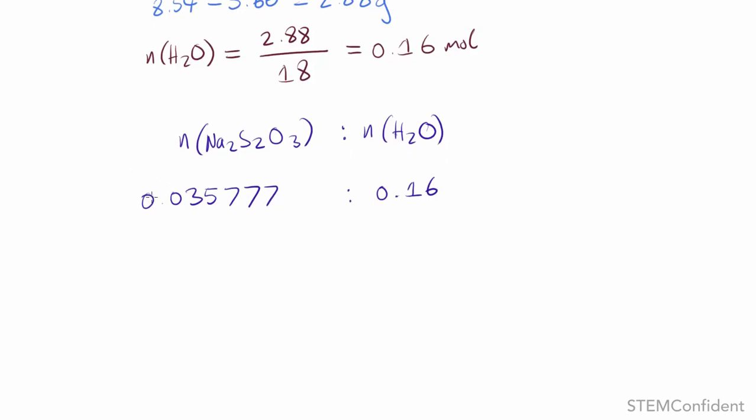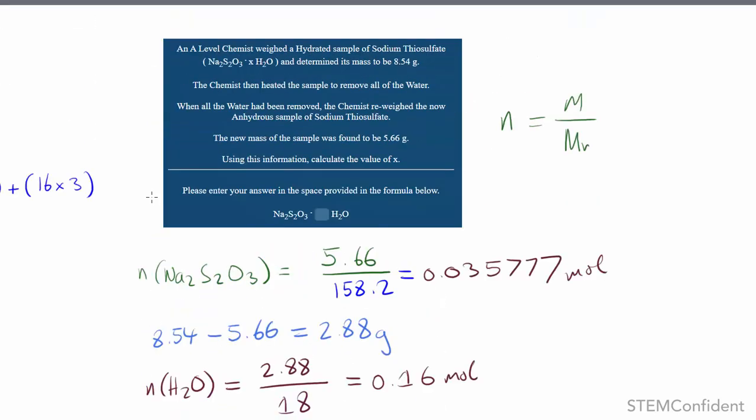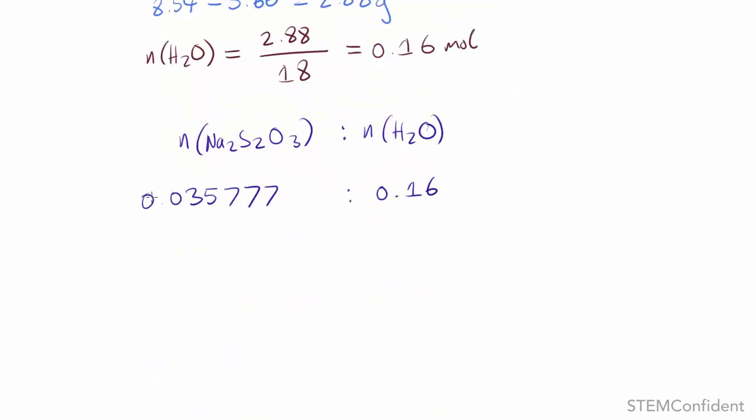If we recall, what X is really asking is, for every 1 mole of Na₂S₂O₃, how many moles of H2O. So I want to get the moles of Na₂S₂O₃ in this ratio to be 1. In order to get this to be 1, I'm going to divide it by itself, 0.03577, and that gives me 1 on this side.